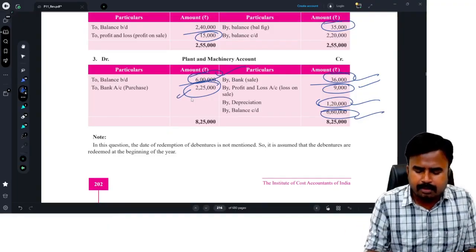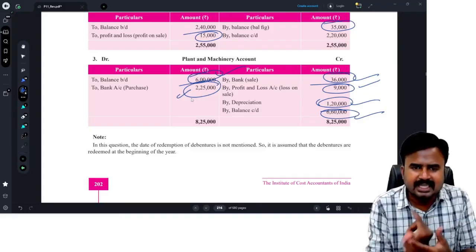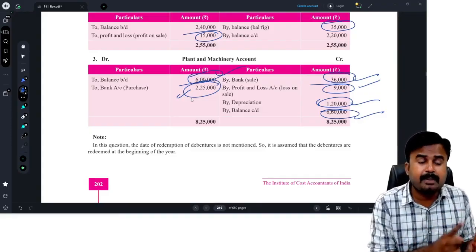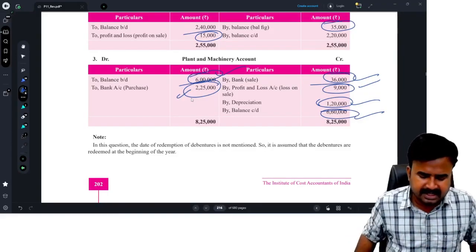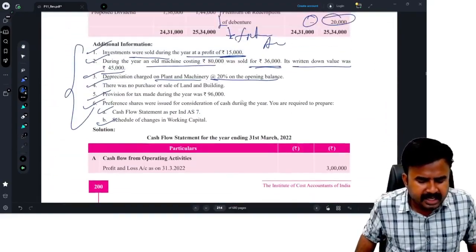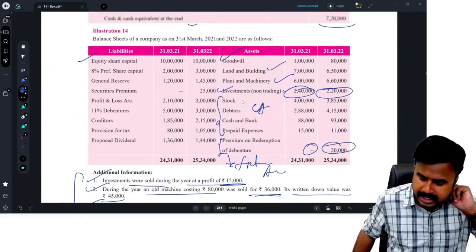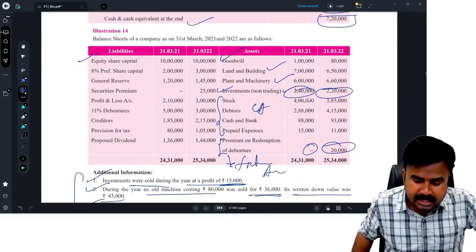From the data we got opening and closing balances, sale transaction, and current year depreciation. That means the debit side balancing figure must represent your purchases. That's it. Apart from that, we don't have any other adjustments. We have a few small adjustments, and we can straight away refer to those transactions from the balance sheet.